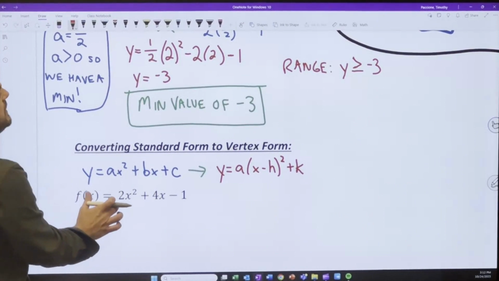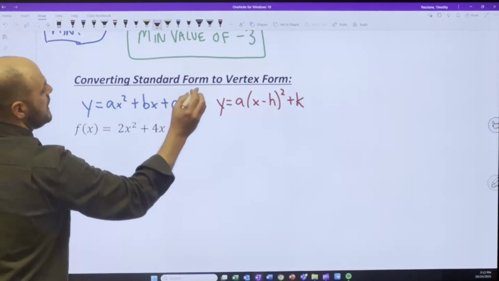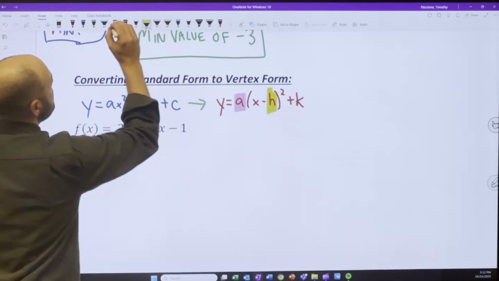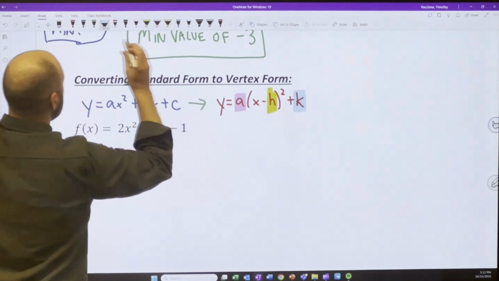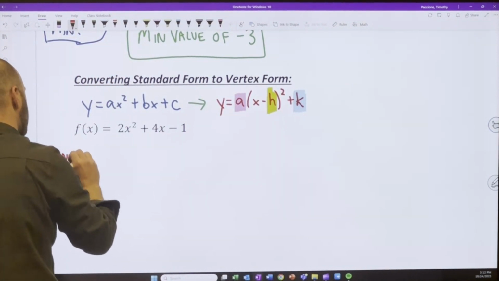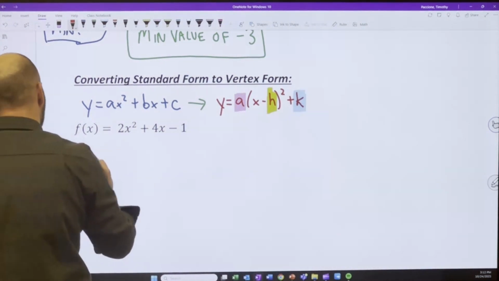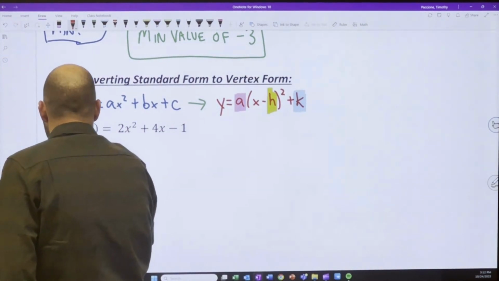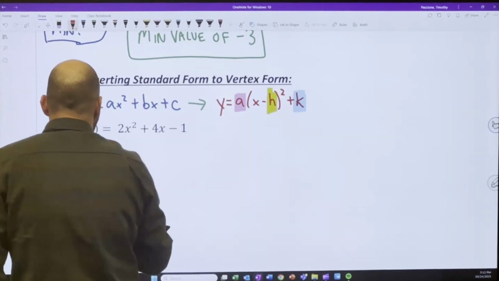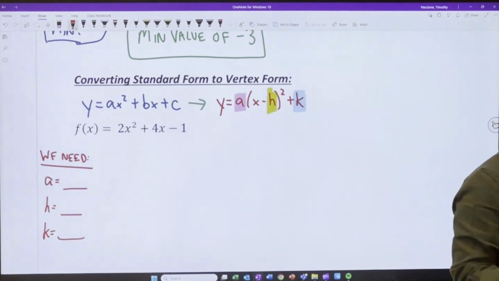Okay, so what are the pieces we need, right? Well, looks like we need our a, we need our h, and we need our k. So might as well write those down. We need our a, our h, and our k. Okay, let's start with a. How do we find our a?